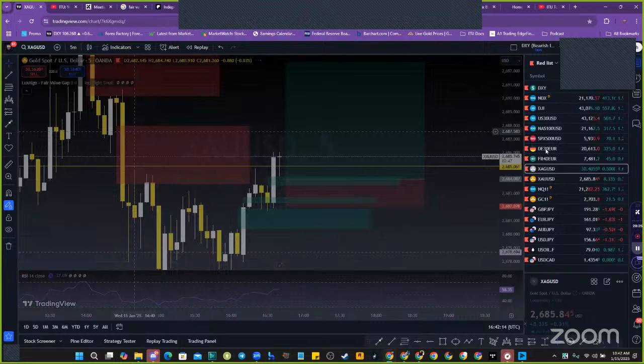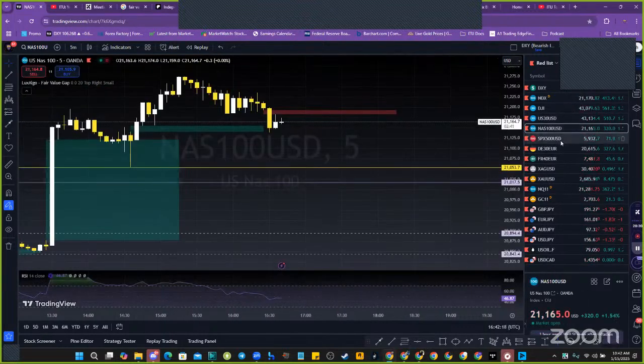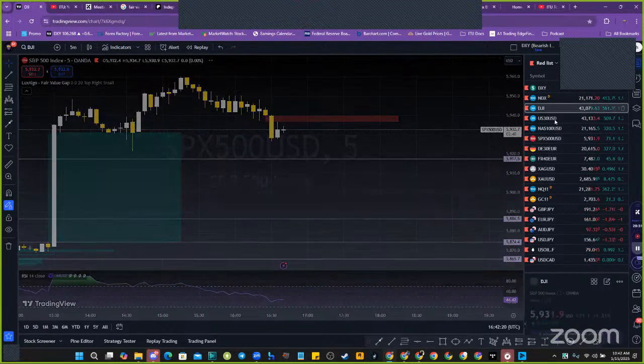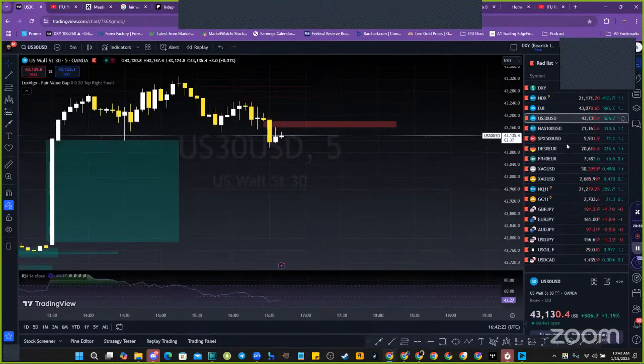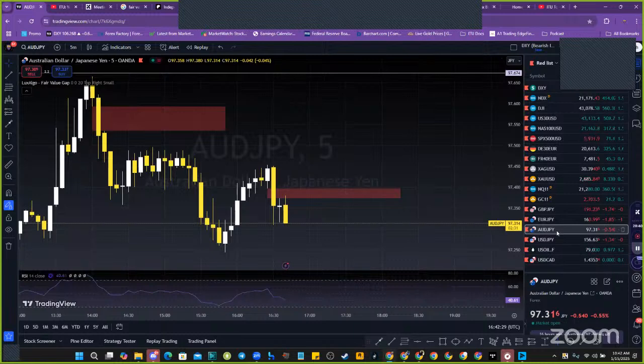Silver's looking good. We may not get into indices today. GJ is pushing. AJ is pushing if you took that.